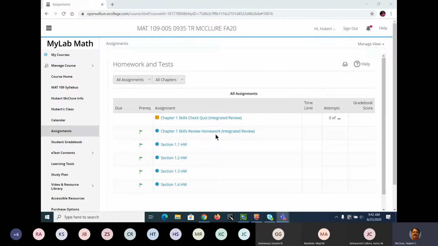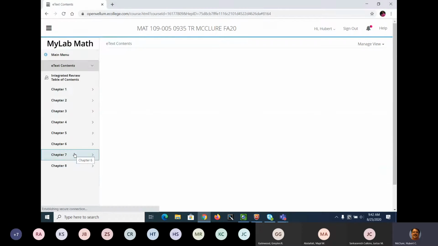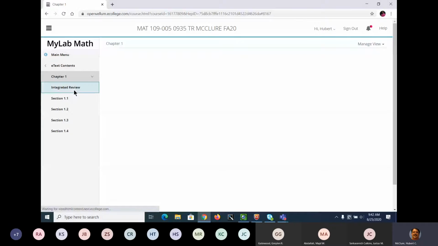Let's say you do the 1.1 homework and you struggle with something. Then you need to go down here and go to chapter contents. It's called e-text contents now. Chapter 1, 1.1, and then hit study plan.